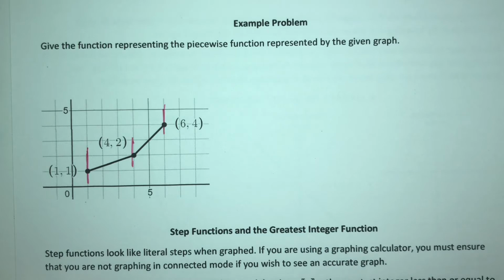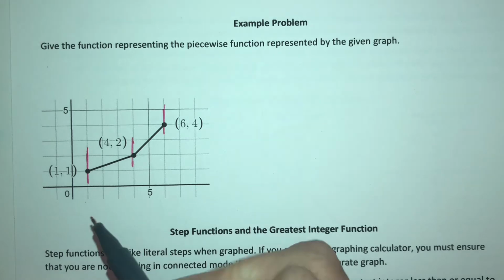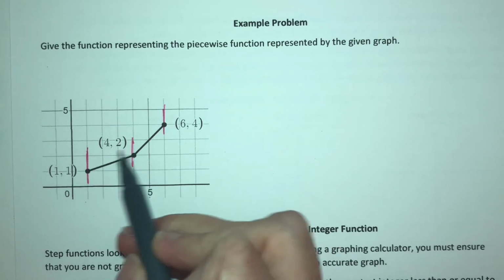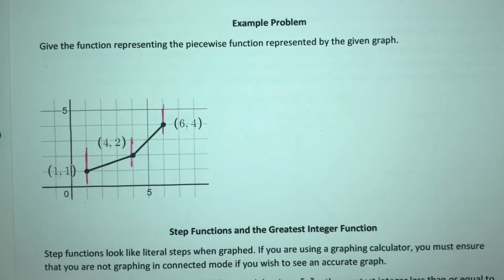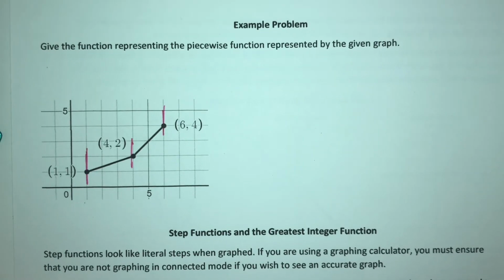Each of those two parts, each of those two line segments is a linear function. So if I can come up with an equation for each of these, then I can put that into my piecewise function and then put in the domain and the restrictions that we need.